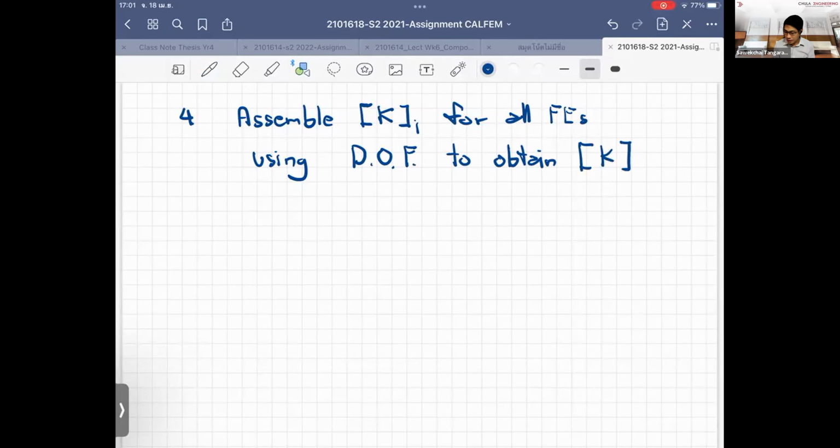This is the one that we need the most. And you need to assemble as well. Similarly, you assemble for the force. Force we use RE, right?